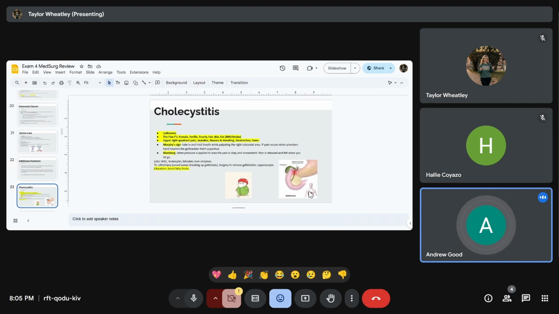Surgery to remove the gallbladder could occur. Laparoscopic procedures to fix the issue can occur. And then education is to avoid fatty foods because that bile is supposed to help break down fatty food, and if the gallbladder can't do that, then it won't help break down that fat.